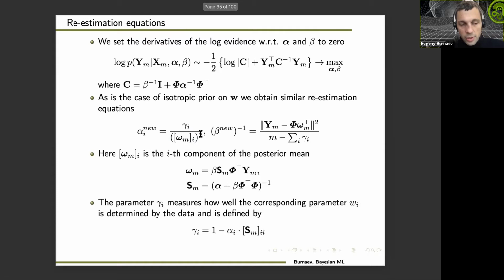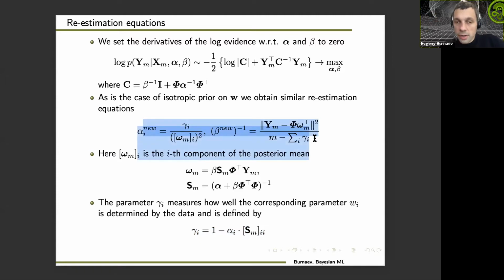Here, the only difference is as follows. If we denote by omega a posterior value of the vector of parameters, and S is the inverse of this matrix, then in this case the parameter gamma is defined in this way. So of course the definition is slightly different, but actually it is the same as in the previous case. And so we get the following update equations.